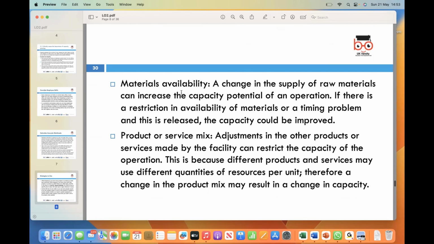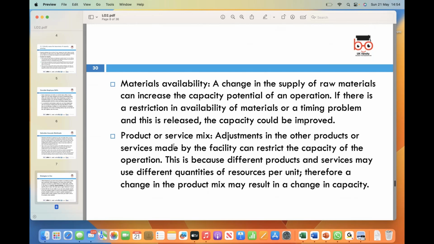Next one is product or service mix. When a facility produces multiple products or offers various services, the capacity of the operation can be influenced by the mix of these offerings. Different products or services may require varying quantities of resources per unit.